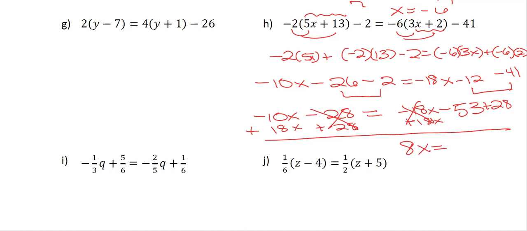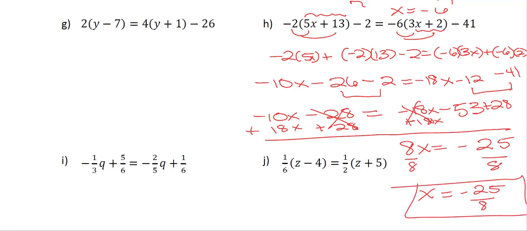That's equal to, we have 28 minus that 53. That is a -25. And then we're going to divide by 8. And this is going to be in fraction form because 25 is made up of 5s and 8 is made up of 2s. So we are left with this as our final answer.